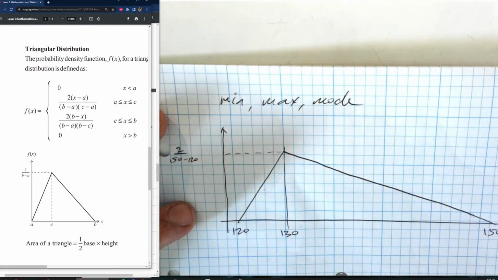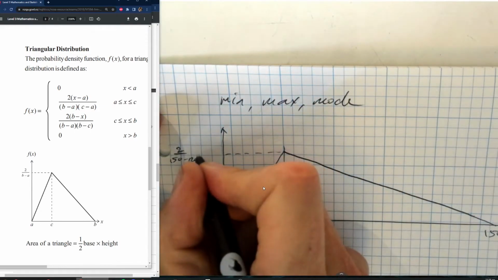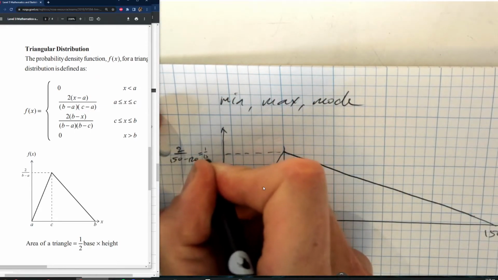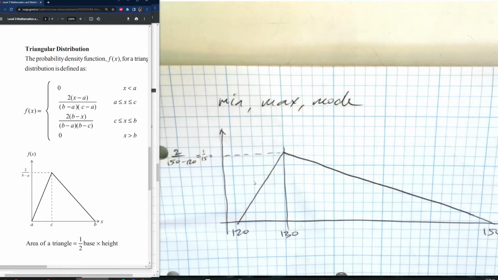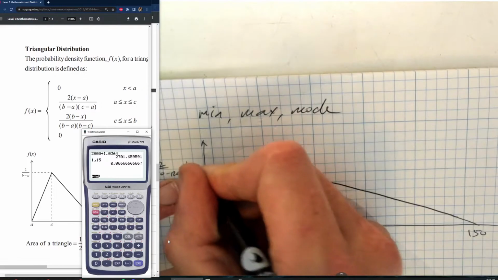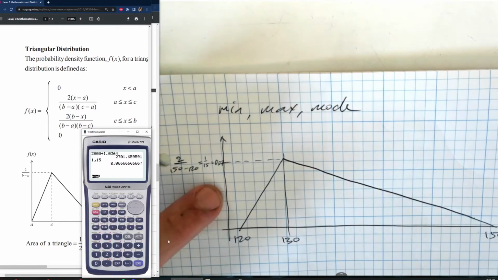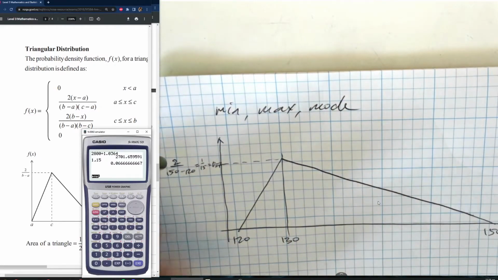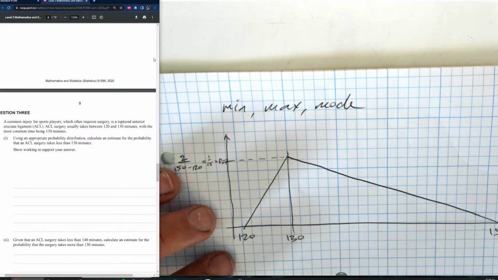So it's 2 over 30, which is 1 over 15. And that is an ugly number, I think. 0.07. But we're just going to use 1 over 15. So that's our height.